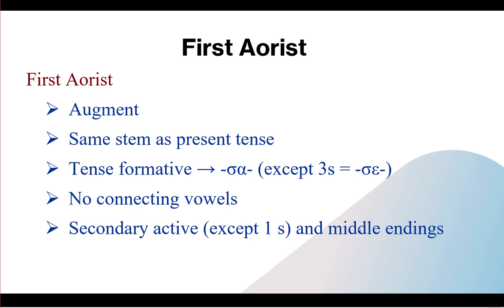So for the present tense and the imperfect tense, we just call them middle passive because they're the same. But remember, for the future tense, we only looked at active and middle. We didn't look at passive because passive is different. We'll actually be looking at that later in this class. So for the first aorist, the secondary active and secondary middle endings are distinct, and then there's also a distinct set of passive endings for the aorist.